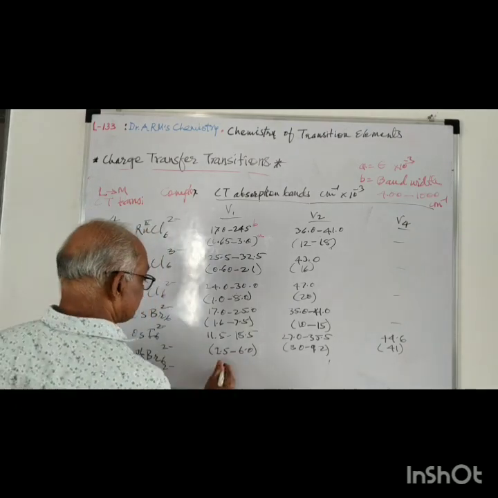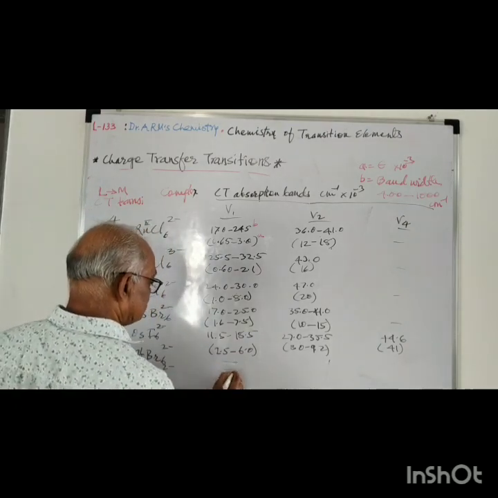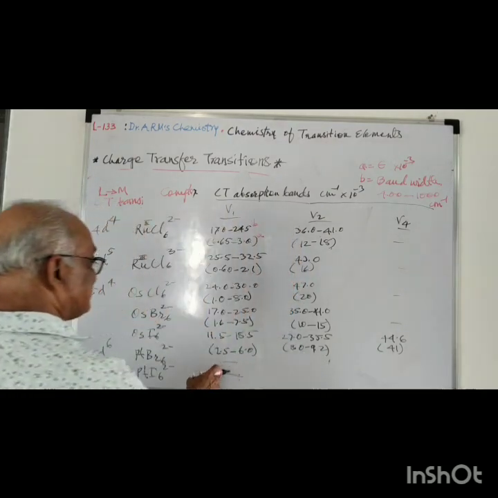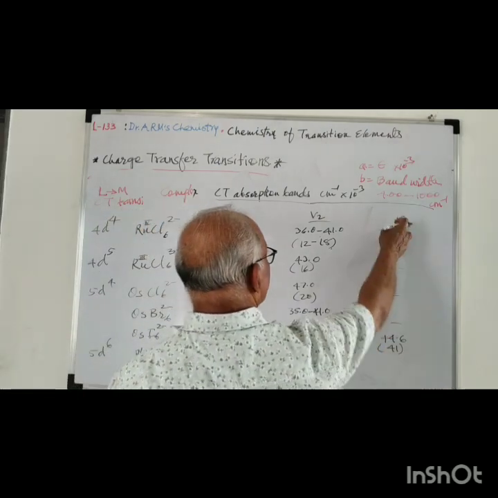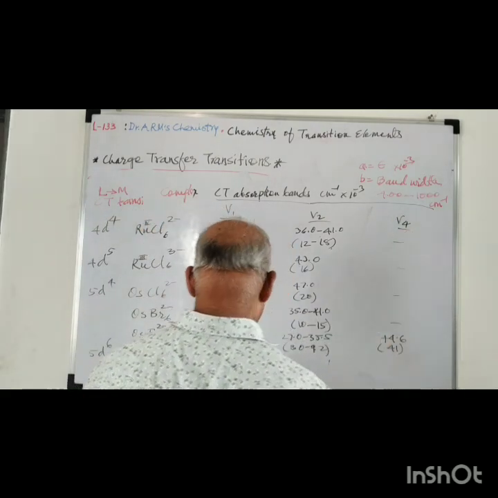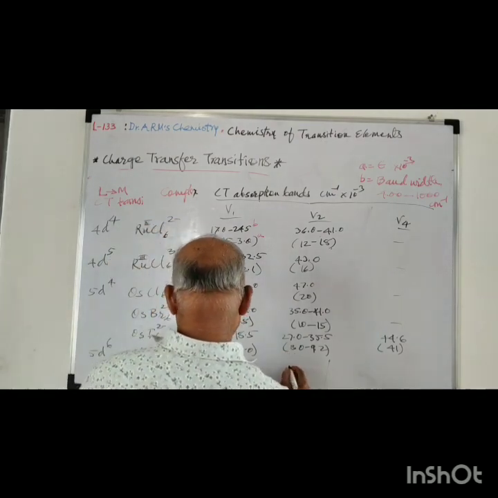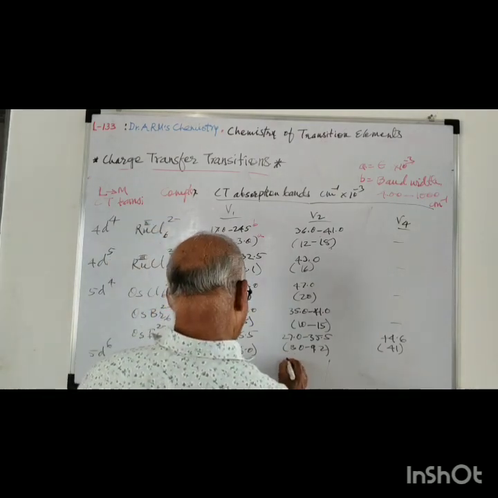So in such case, the V1 values are not shown, means the bands are missing. Here in this case V4 bands are missing here. So if we go to the V2 band, the V2 band is observed here.